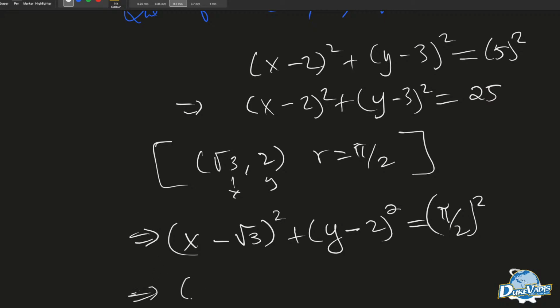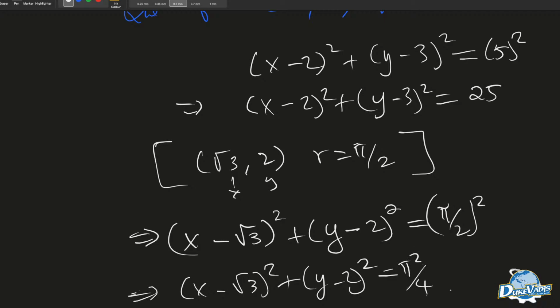So this can be x minus square root of 3 squared plus y minus 2 squared is equal to pi squared over 4. You see, so this is the equation of a circle, and everywhere we go, this is how we can find the equation of a circle.